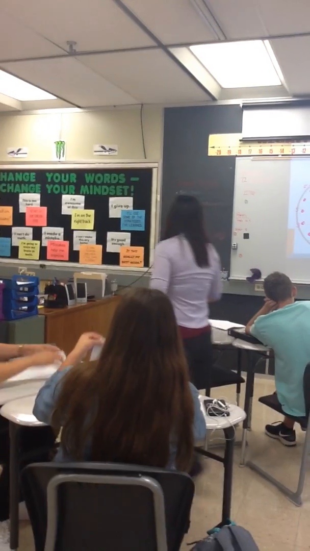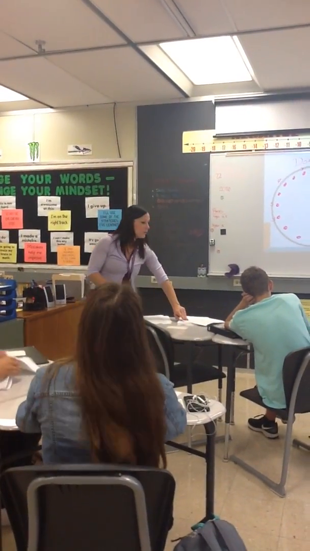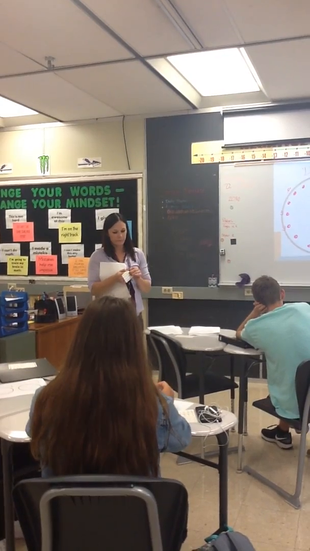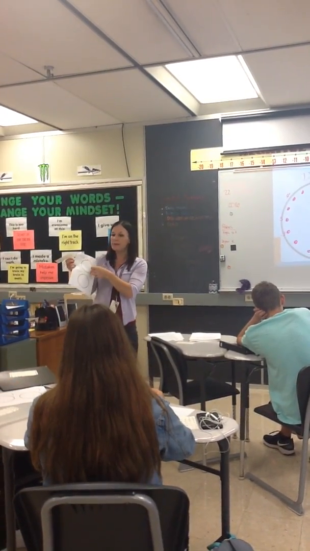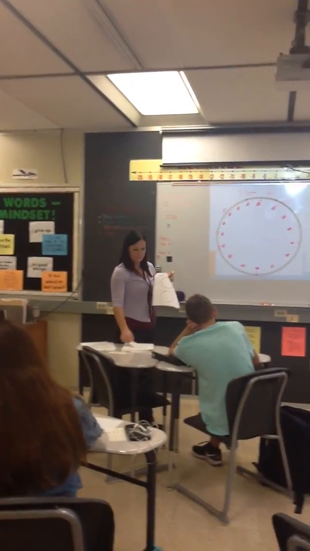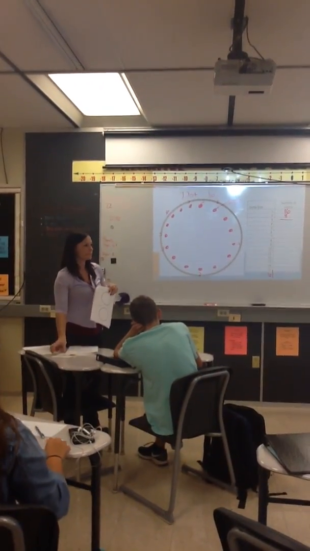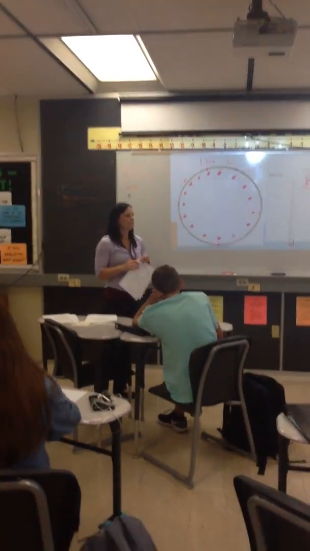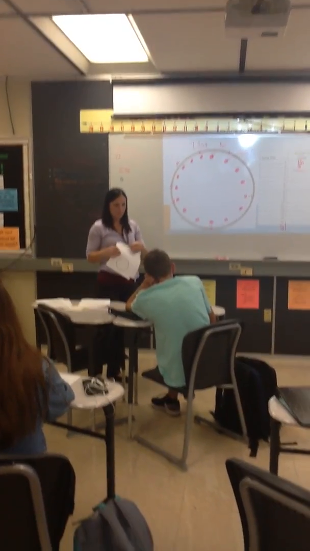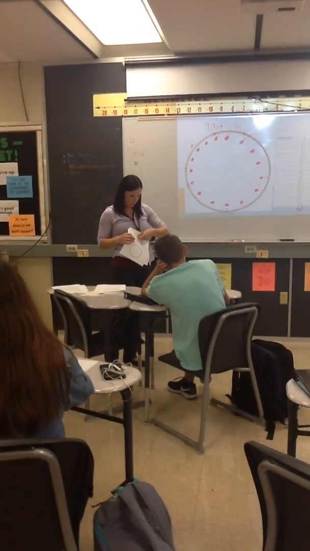All right, so your first clock is 12 dots, so you're going to peel off 12 stickers and place them around the face of your clock. Go ahead and start, Chase. Start putting them on there.